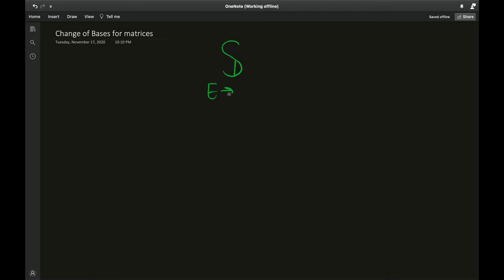So take a matrix S that is a transformation or change of basis from E to S, where if you put that on a vector W in the standard basis, the result is another vector B, which is now in basis S because we applied this change of basis matrix S.